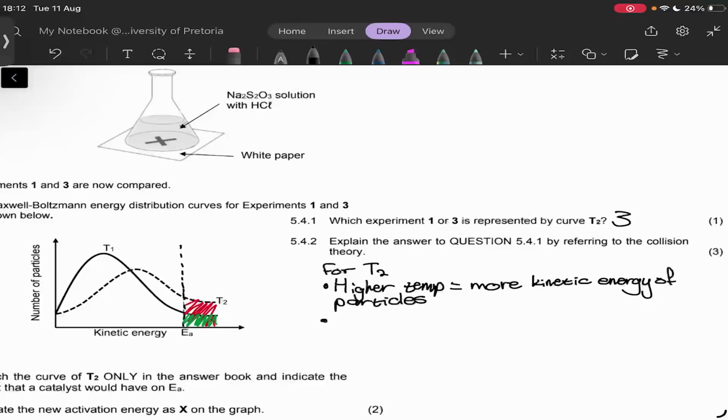Our second mark would come from saying that we'll have a greater number of particles with sufficient energy because we just have more kinetic energy of the particles. Hopefully that makes sense. So I'll say here that you'll have an increase in the number of particles with sufficient energy, or with energy higher than the activation energy.